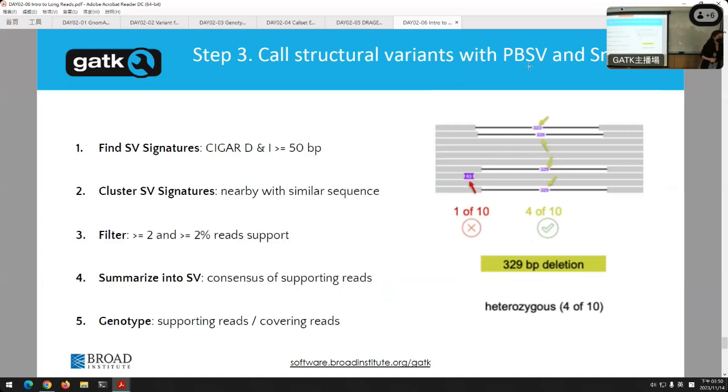So they can actually go directly to the CIGAR string to find evidence for structural variants as the first step of the algorithm. Just remember that when we talk on Thursday about calling structural variants in short reads, where it's a lot more complicated than that.